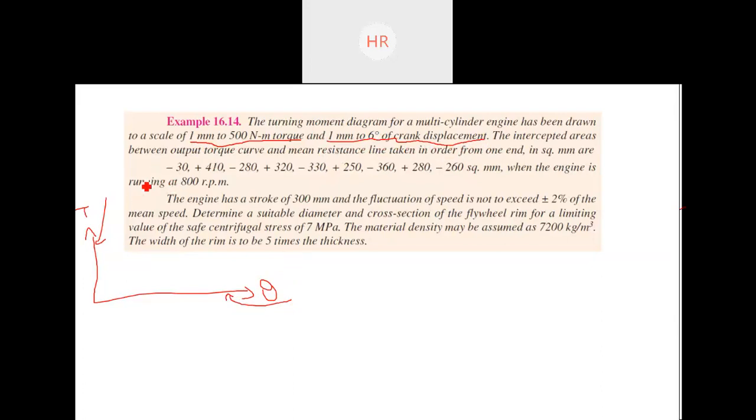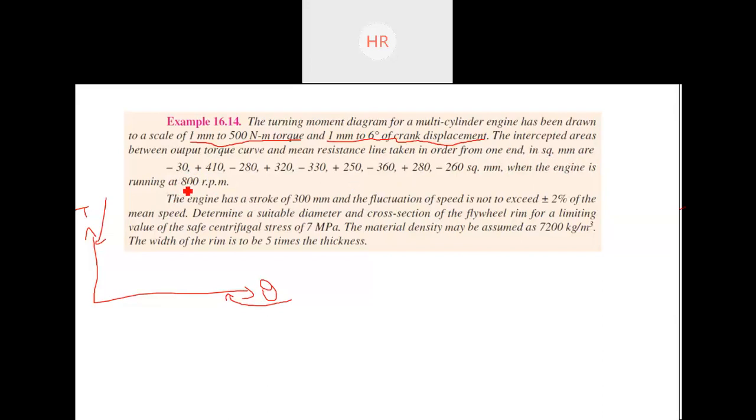We have already seen this kind of example. The intercepted area between the output torque curve and the mean resistance line, taken in order from one end, is given in square meters. You are given these areas in square meters.